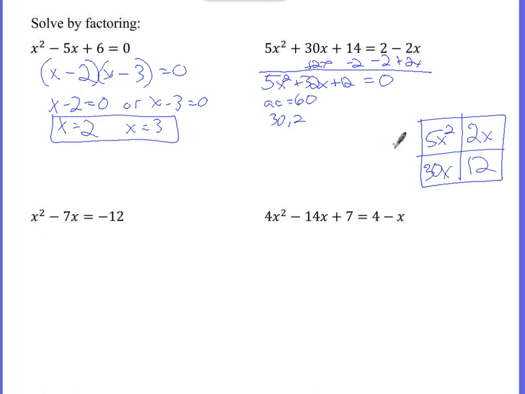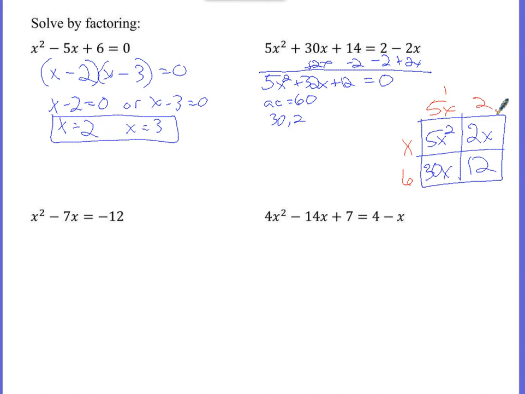Top row, just x. Bottom row, make sure you get the biggest factor. 6. 6 times 5 is 30. 6 times 2 is 12. There's no other GCF between those two numbers, so it must be 6. First column, 5x, and second column, just 2.